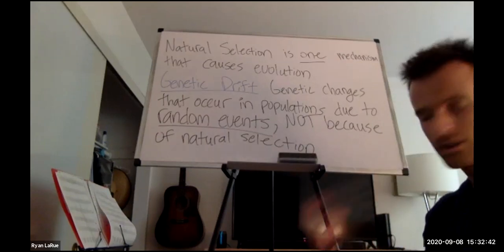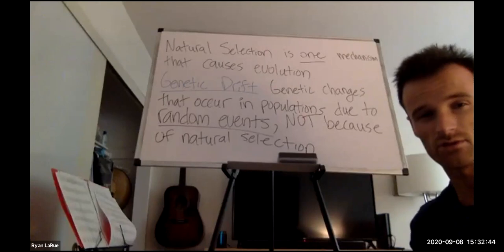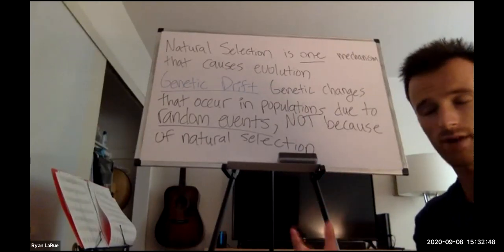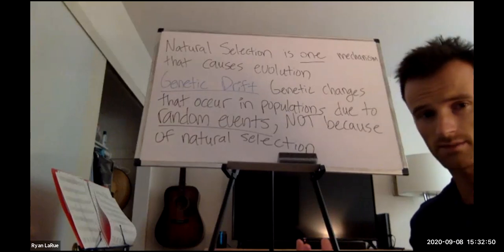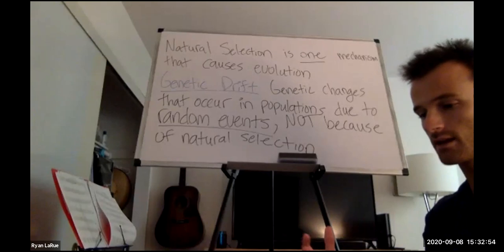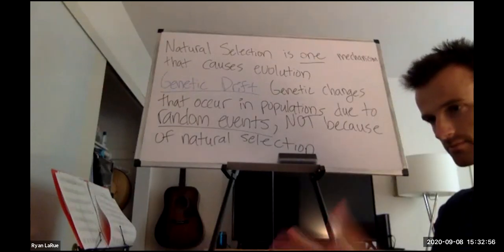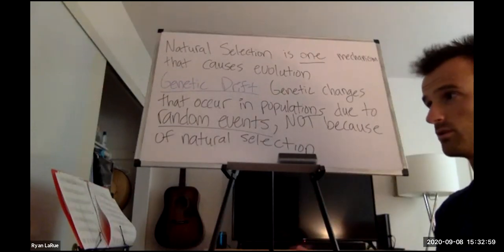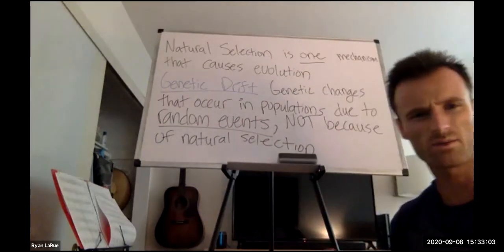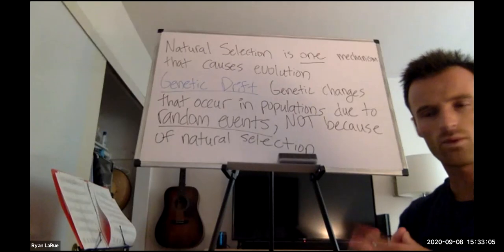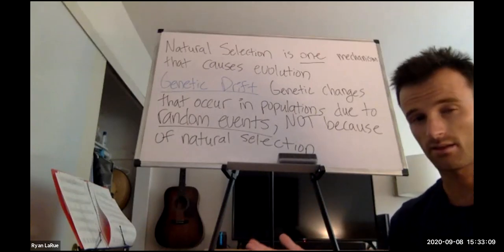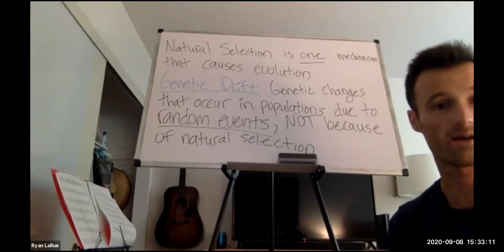The actual selective pressure in natural selection selected for individuals to survive based on certain traits. So there was sort of a purpose to it. And it wasn't random. Random wouldn't have anything to do with the traits that the organisms have.